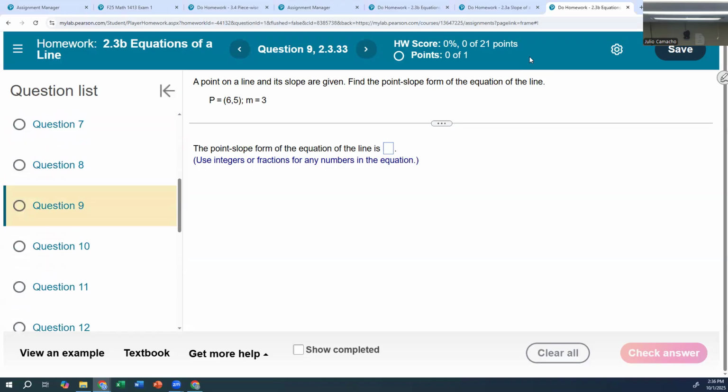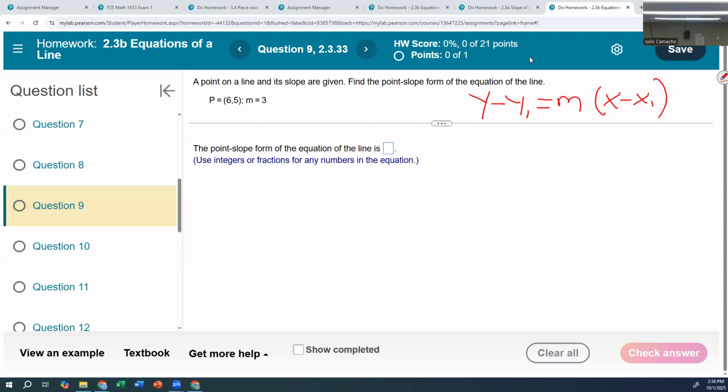So that's question 9. Question 9 we already have done, but it's the same thing. They give you a point and a slope. You have to use the point-slope formula. Your point-slope formula is y minus y1 is equal to m times x minus x1.